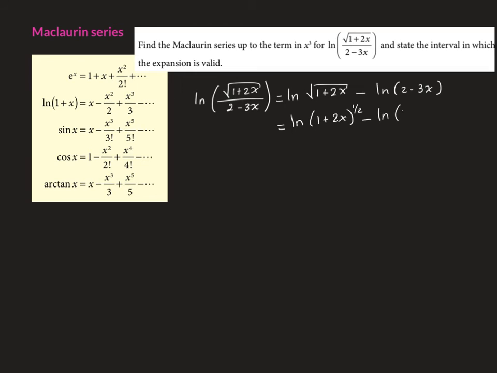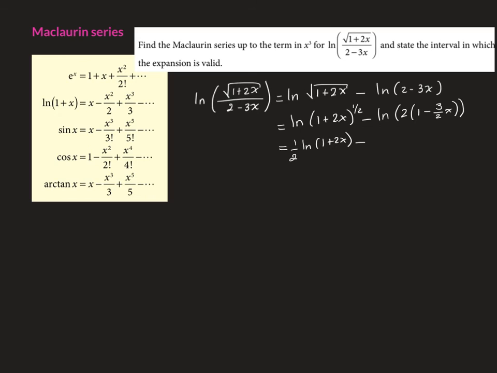So I'm going to take the 2 out as common factor to get 1 minus 3 over 2 x, and I'm going to separate that using the product rule for logarithms. And here in the first term, I'm going to bring the exponent down to get ln of 1 plus 2x multiplied by a half.